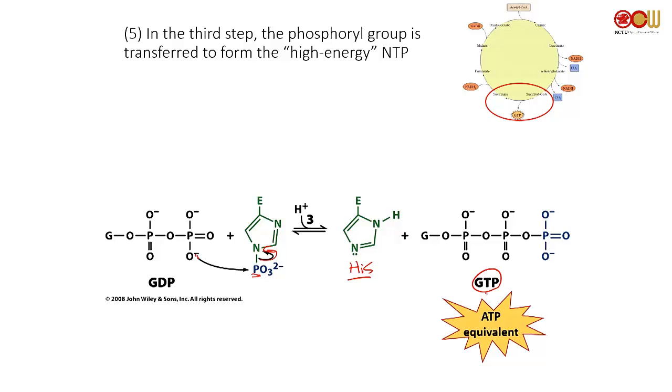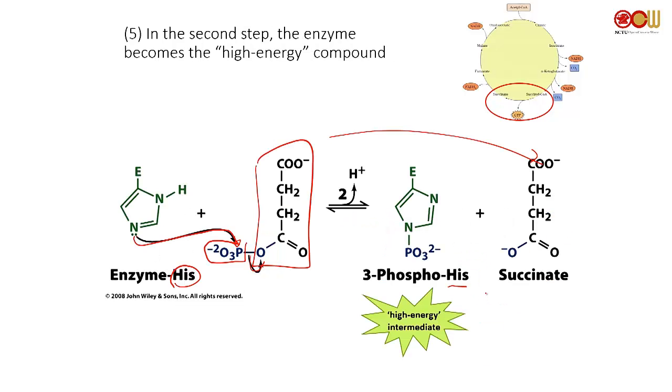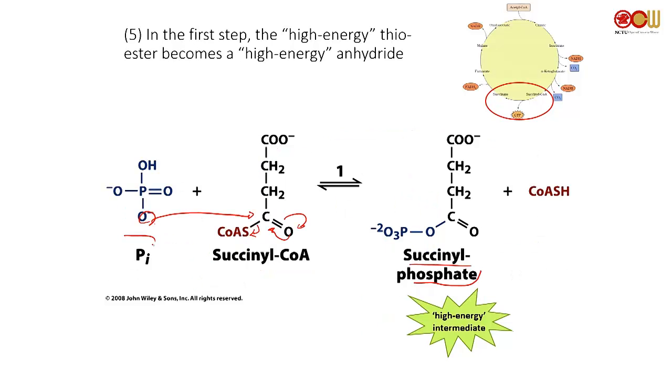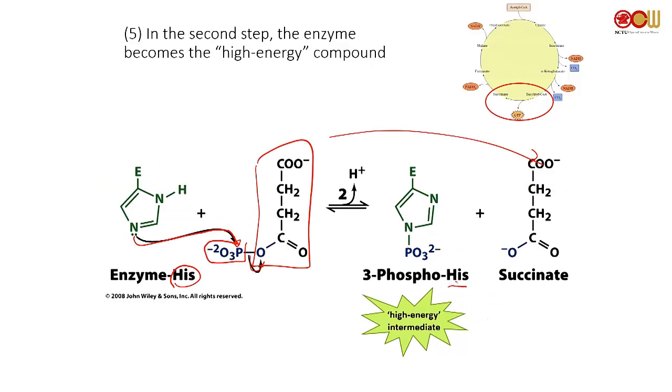All right, fairly simple, right? Maybe. It's only a matter of transferring where the phosphate goes. The phosphate initially is in water, then it becomes attached to the succinate, replacing the CoA and becoming succinyl phosphate. Then the enzyme takes that phosphate away, and you become histidine plus phosphate, so 3-phosphohistidine.